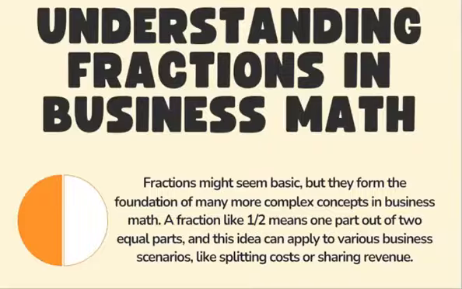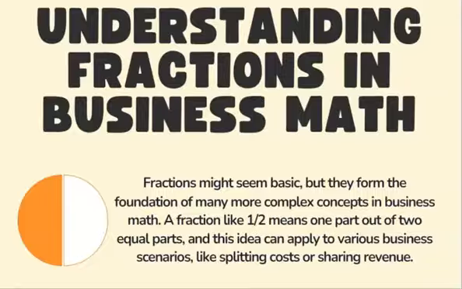So let's start with the basics. What is a fraction? A fraction represents a part of a whole. It's made up of two numbers, the numerator, which is the top number, and the denominator, which is the bottom number. The numerator tells you how many parts you have, while the denominator tells you how many equal parts the whole is divided into.